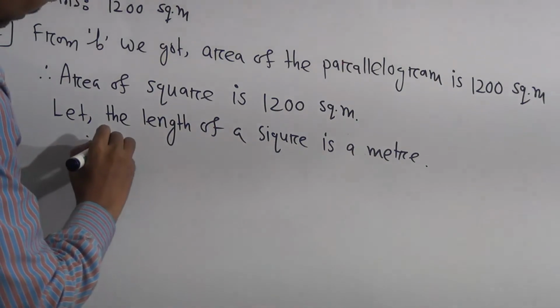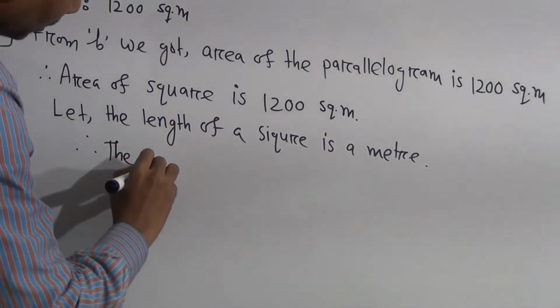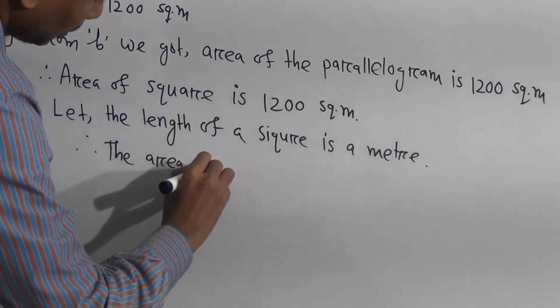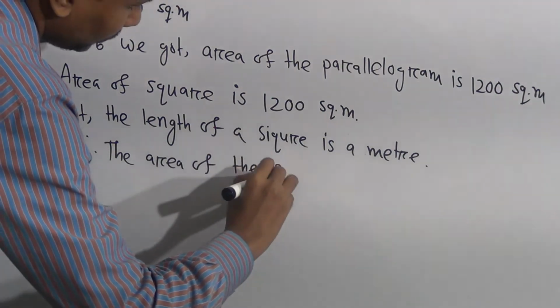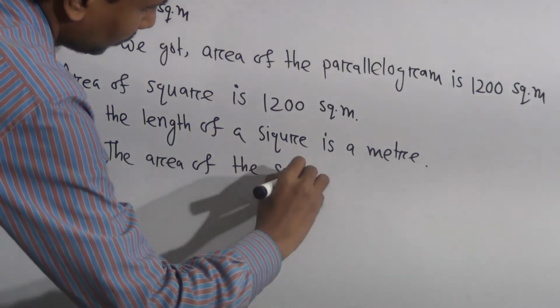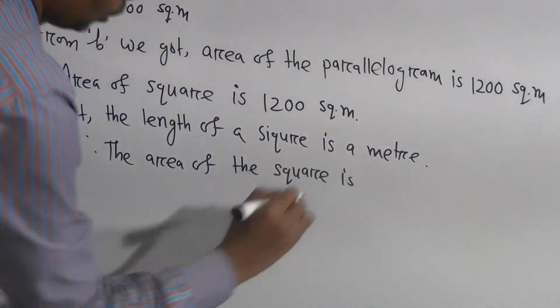Therefore, the area of the square is how much?